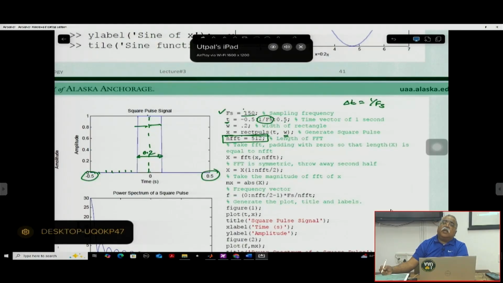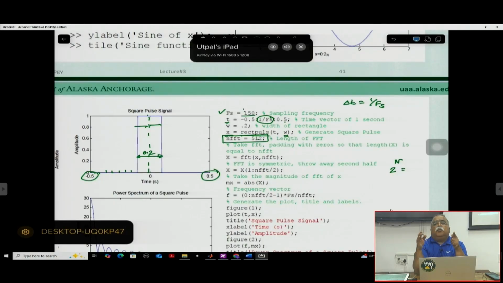Let us say the number of data points we would like to use is 512. That means in the frequency domain, I need to have a total of 512 data points. That is the length of the data available, and this length always needs to be of the type 2 to the power n. So it will be either 512, or 1024, or 2048. Now suppose your data has 1400 sample points.